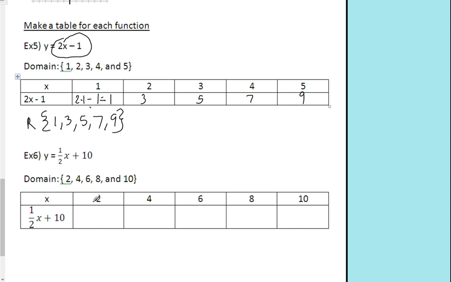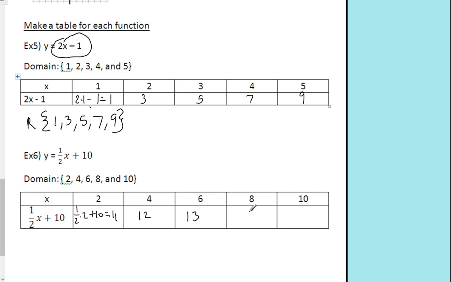You put a 2 in, so let's do that. Put a 2 in. 1/2 of 2 is 1. Let me write the first one out for you. 1/2 times 2 plus 10. Well, half of 2 is 1, and 1 plus 10 is 11. Do the second one. Half of 4 is 2, plus 10 is 12. Half of 6 is 3, plus 10 is 13.